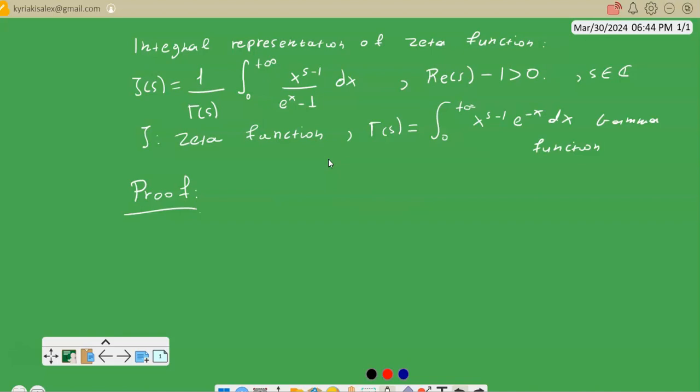This integral representation formula is a very important result, and in general, in the Riemann hypothesis, there is this function zeta, and the hypothesis states that all the roots of the zeta function lie in a strip where the real part is equal to 1 divided by 2.